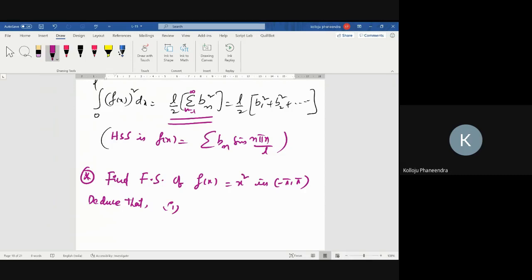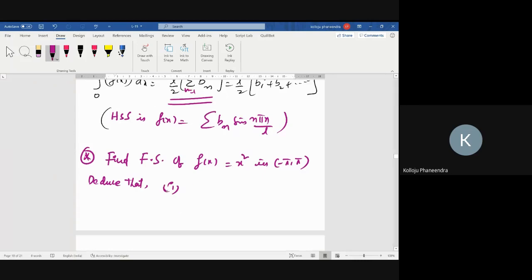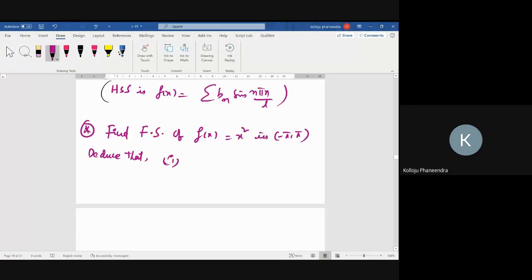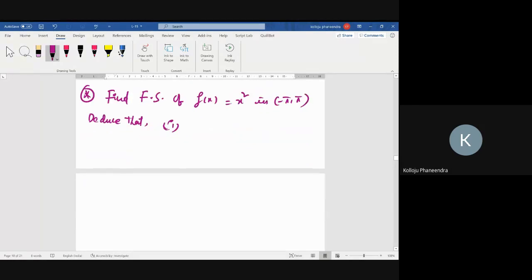Minus L to L, even and odd function, x square. There are so many questions; I will write the questions after the derivation, one by one, so I will leave some space here.